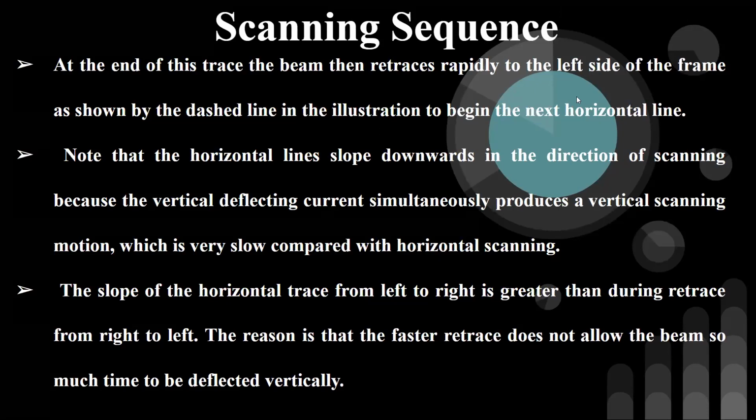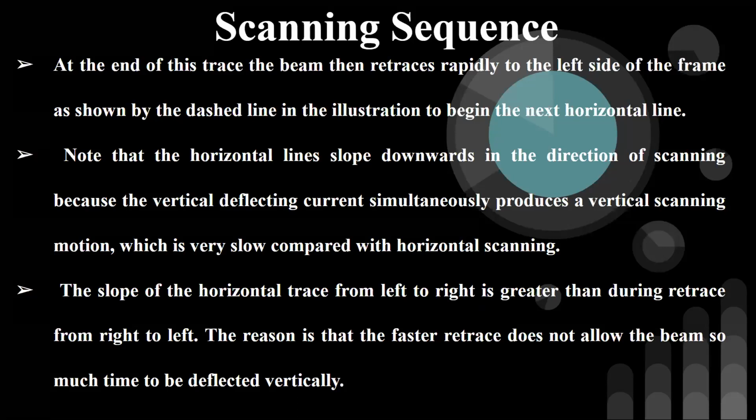Therefore, at the end of this trace, the beam then retraces rapidly to the left side of the frame, and note that horizontal lines slope downwards in the direction of the scan because the vertical deflecting current simultaneously produces a vertical scan motion.